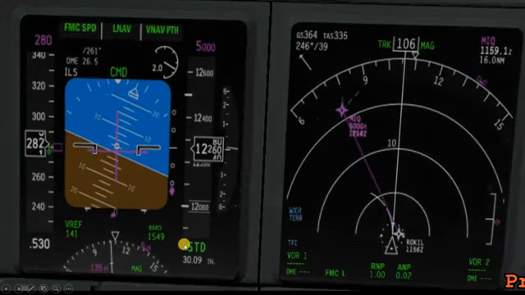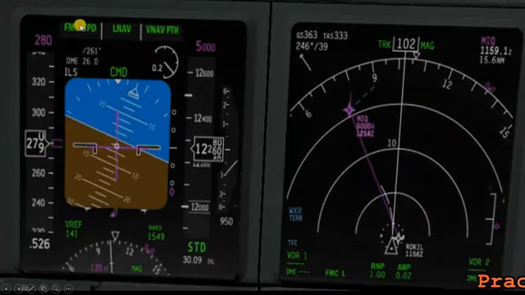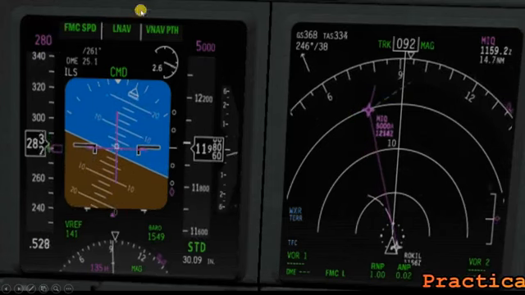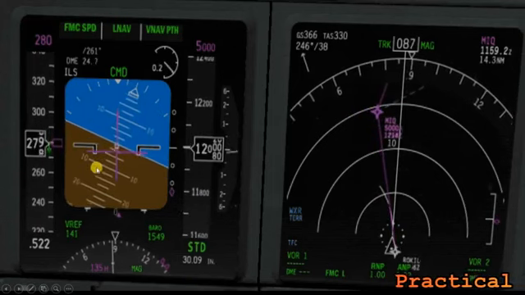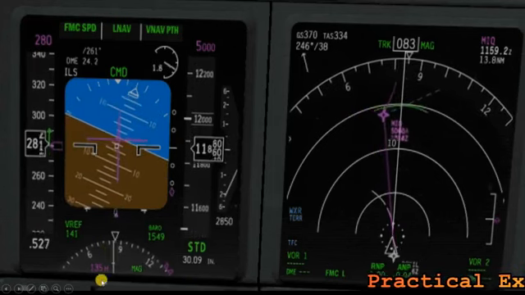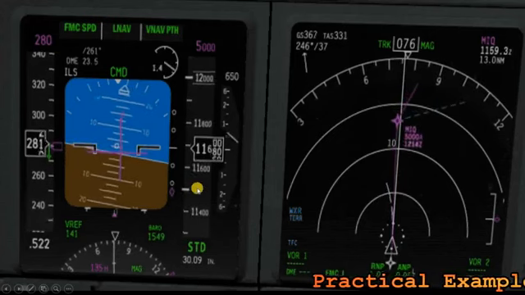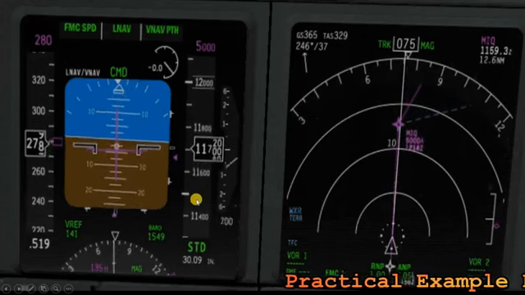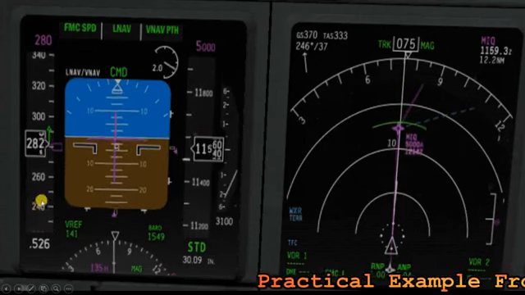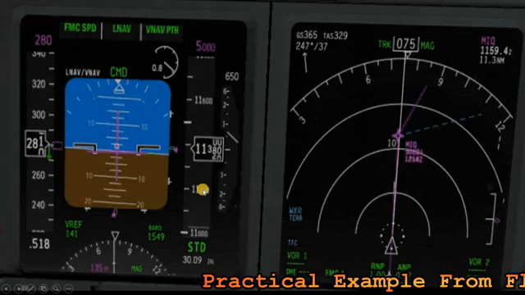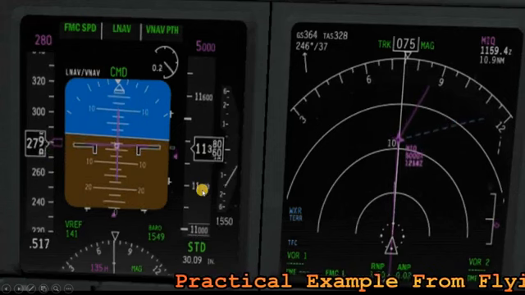Moving forward, we have the practical example of our electronic flight instrument system, how they work in the flying aircraft. Here is an example of the PFD, or the primary flight display. In the primary flight display, you can see the EADI, and the aircraft height bar. This bar moves upward as height is gained, and moves downward as the aircraft loses height.